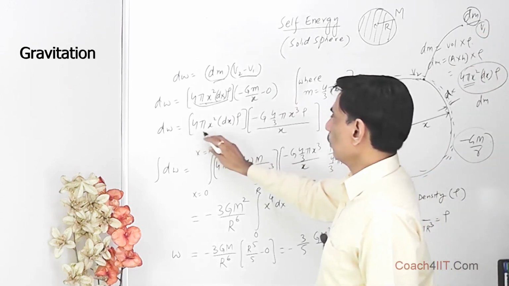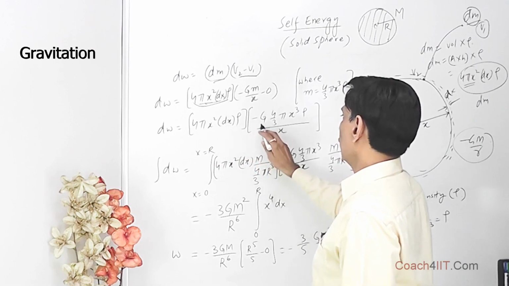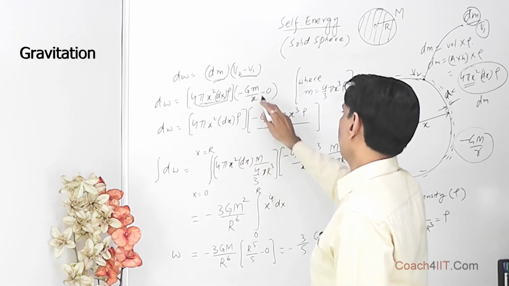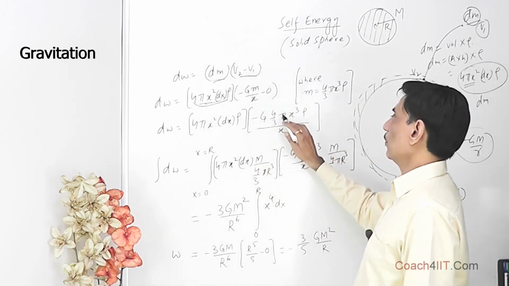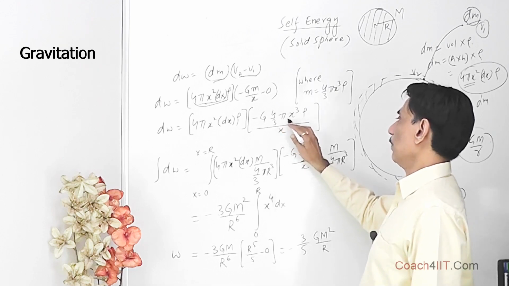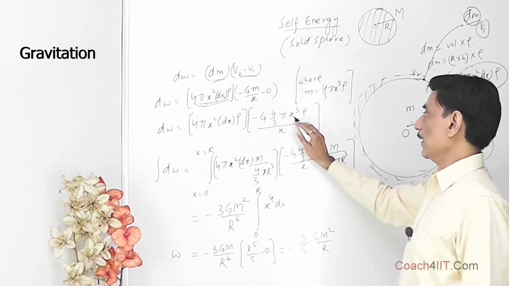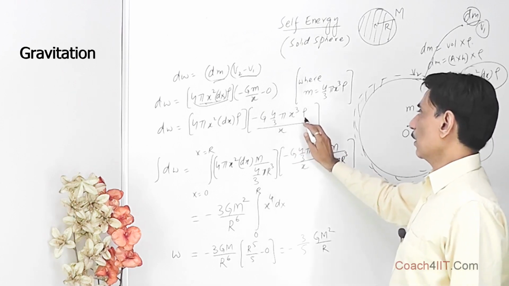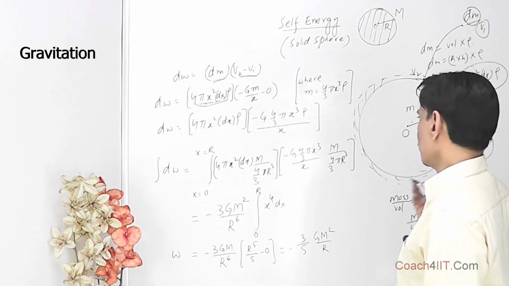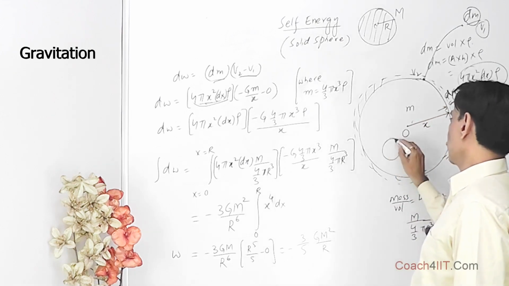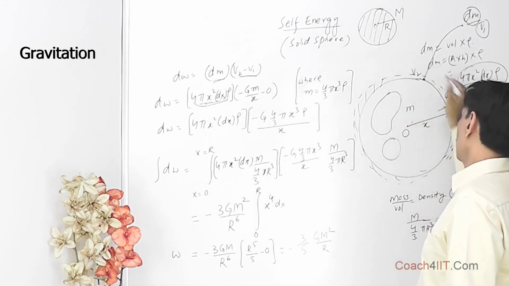So now dW is 4 pi x square dx into rho, into minus Gm upon x, where we have put in the value. Mass is equal to volume into density. Volume is 4 by 3 pi x cube. At this instant the mass is 4 by 3 pi x cube volume into density. The density remains the same whether we take this portion, any arbitrary portion, or the whole mass.